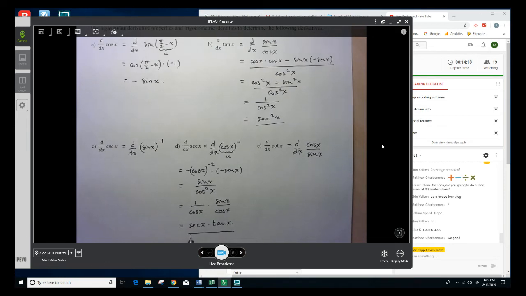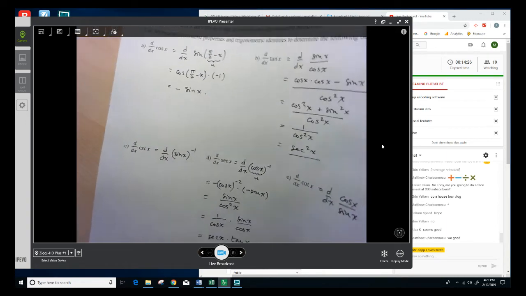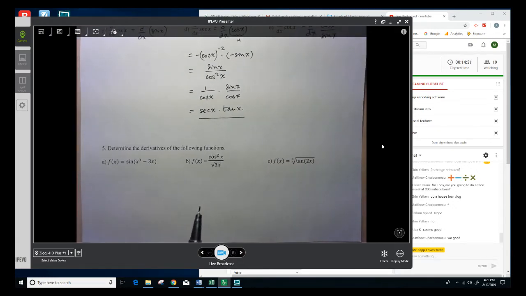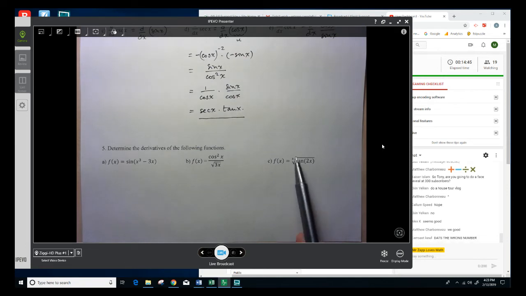All right, but now what we have is the basic derivatives of trigonometric functions, and because we have the chain rule, we can also find any combination involving trigonometric functions, whether it's the sine, cosine, or tangent of some more complex input, or if the trigonometric function is part of some larger composite function.